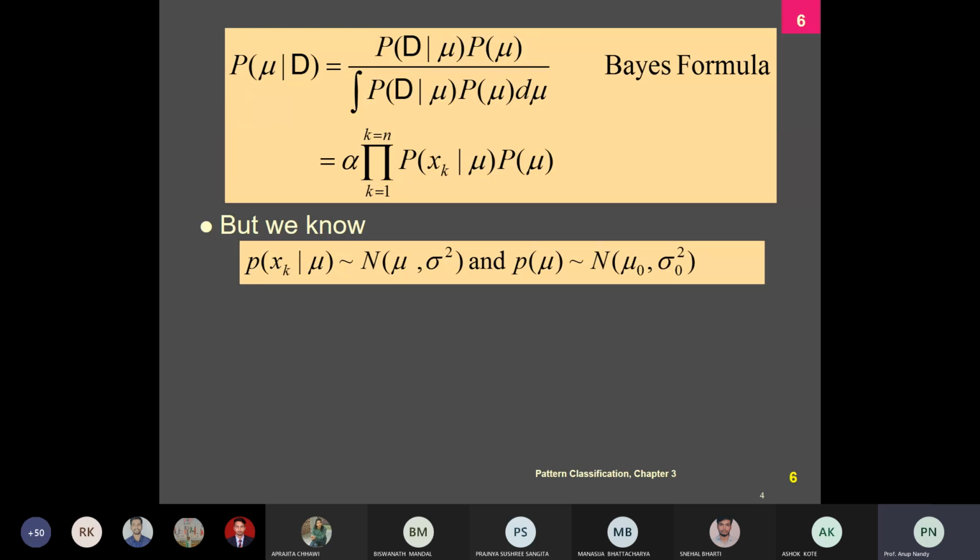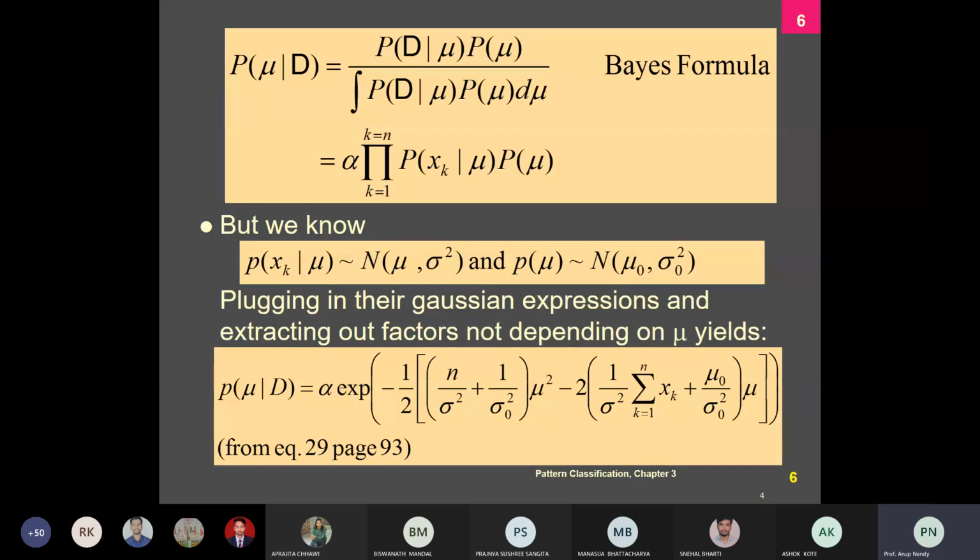Now if you plug in their Gaussian expressions and extract out the factors which do not depend on mu, alpha does not depend on mu but depends on D. What will be the formula for P(xk given mu) for the univariate Gaussian? 1 by root over 2 pi sigma, exp of minus half (xk minus mu divided by sigma) whole square.